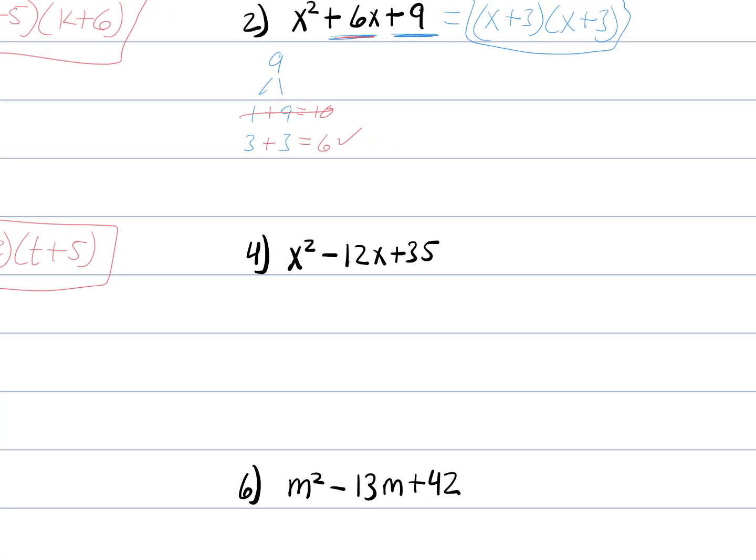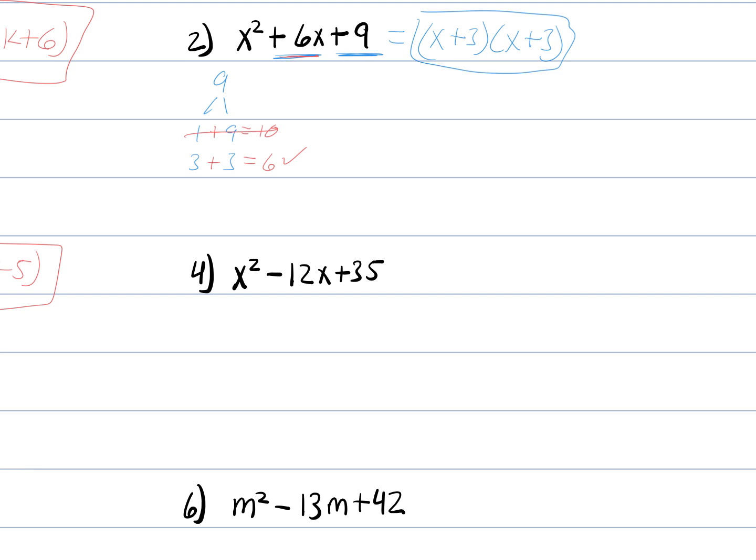Now the next one, I want factors of 35 that add to negative 12. Keep in mind, since we want to add to a negative number, both of our numbers have to be negative. For example, factors of 35 are going to be 5 and 7. Since I want to add to negative 12, I'm going to make both of them negative.